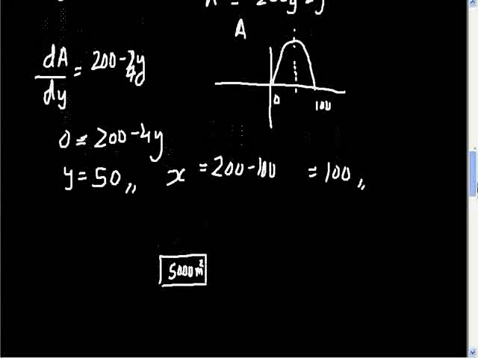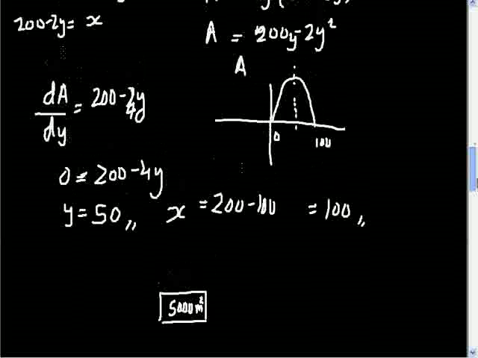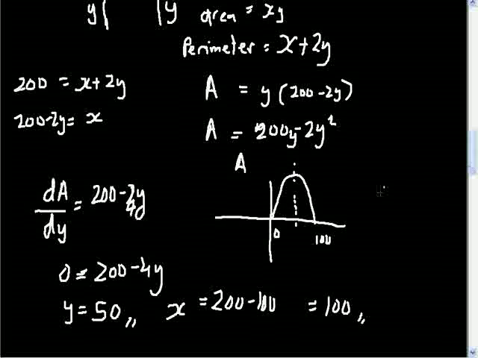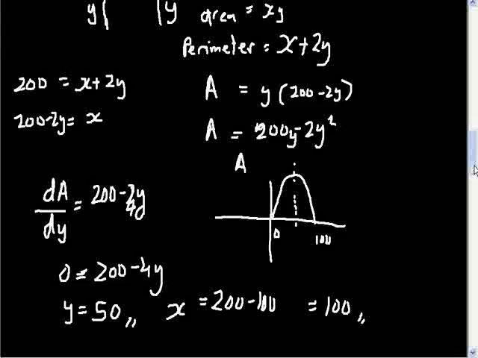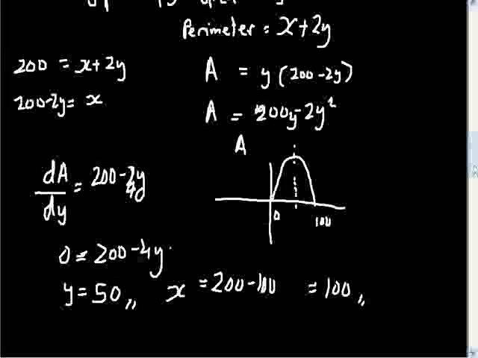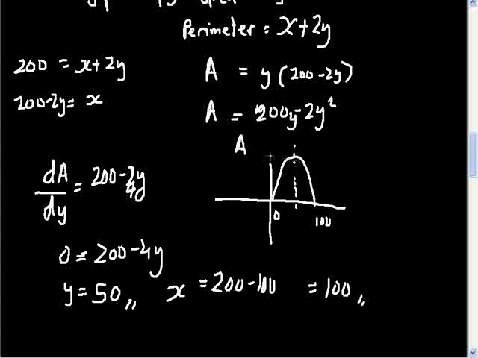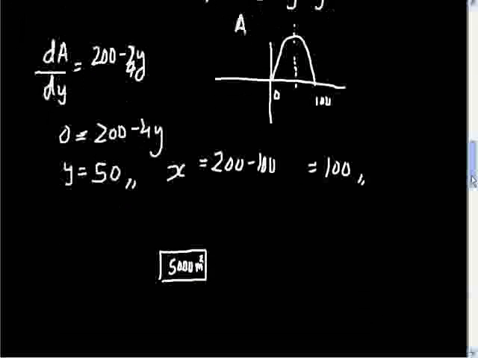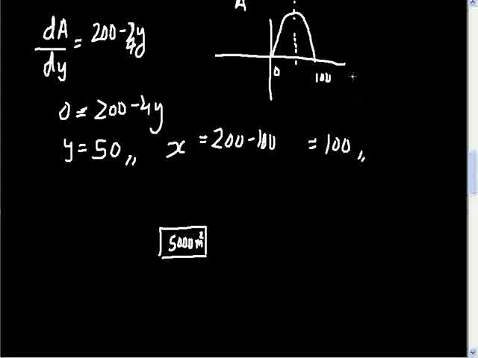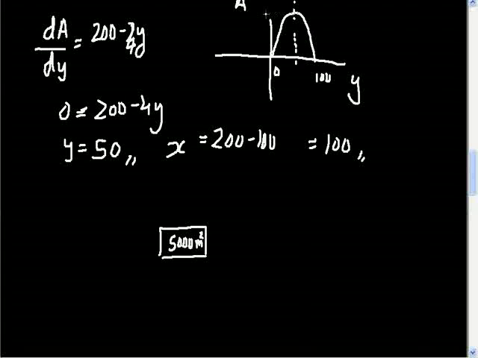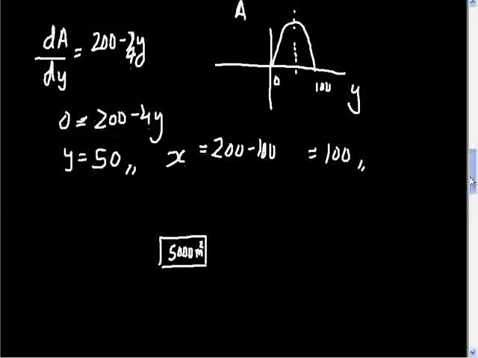Now you get asked this sometimes with these questions as well, that you'd be asked to prove that this value of 50 for y would give you the maximum value of A. How would you do that?